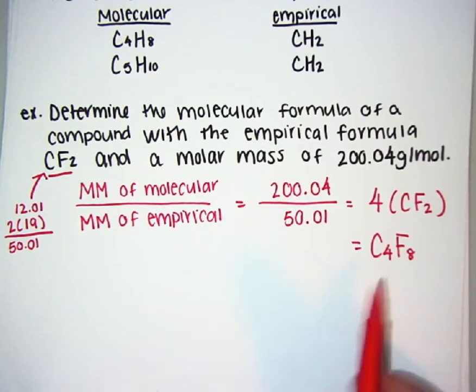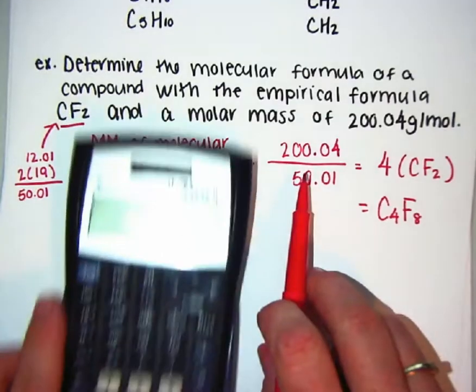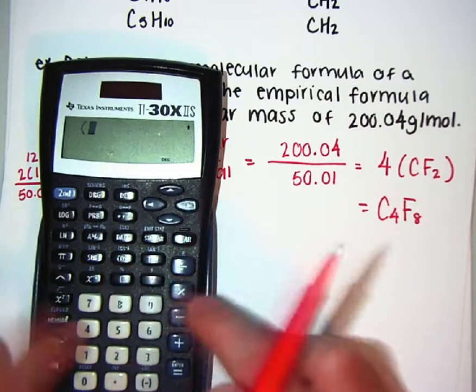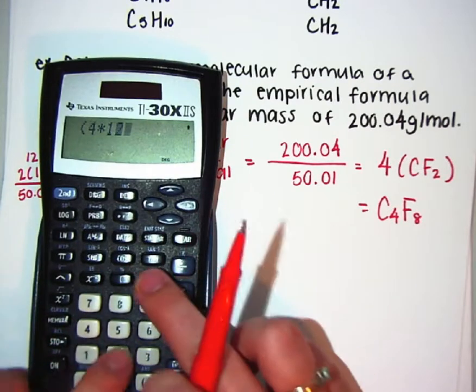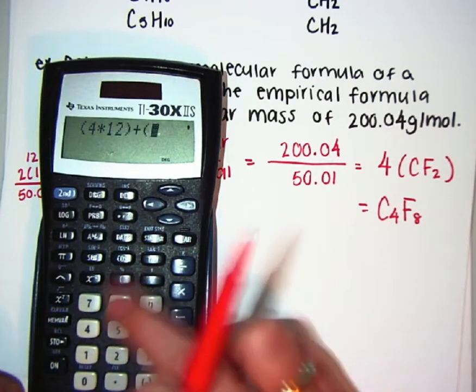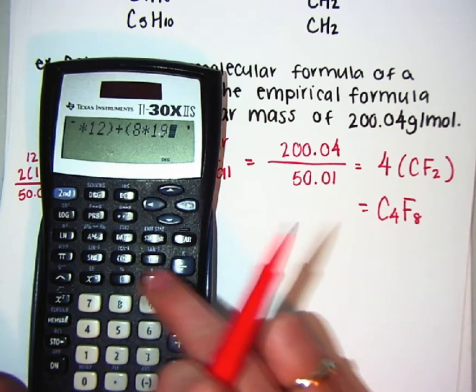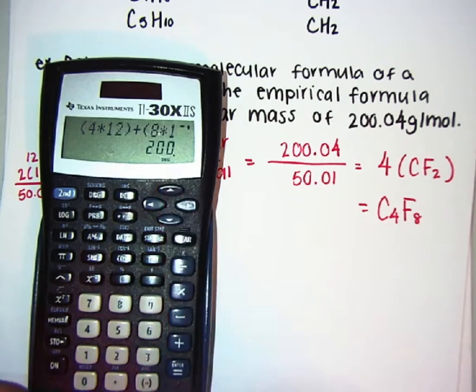You could always double check, make sure we get a mass of about 200. I could do 4 times the mass of carbon plus 8 times the mass of fluorine and make sure we get about 200.